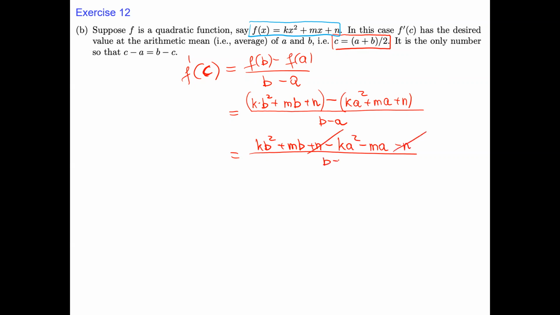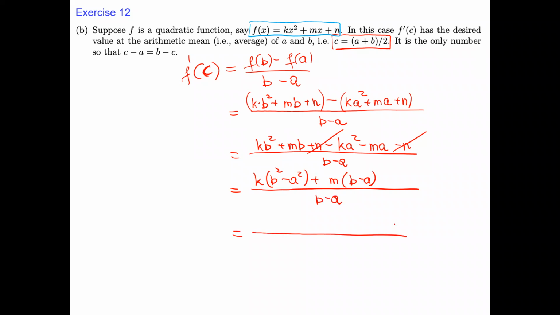That's gone. Now we can factor out k, which will be b squared minus a squared. Yes, I took these terms, and we can also factor out m, b minus a. By grouping, I'm trying to get the factored form. Now this is k times b squared minus a squared. Now we can see a little bit of algebra: b minus a, b plus a, plus m, b minus a.